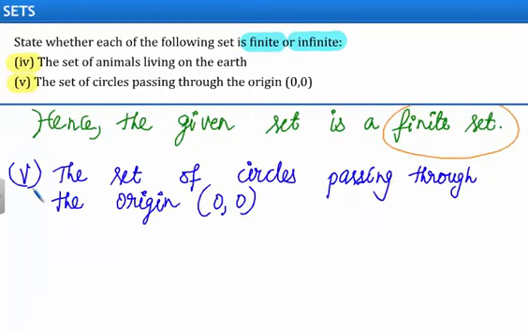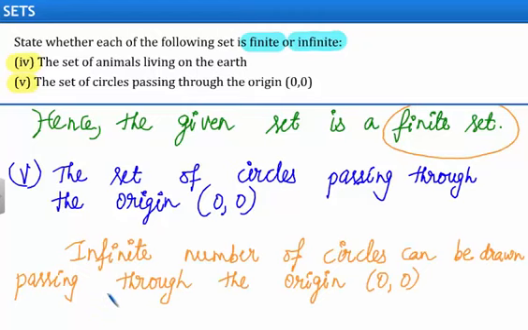In the next part of the problem, we are given the set of circles passing through the origin, that is (0, 0). We need to tell whether this set is finite or infinite. We know that infinite number of circles can be drawn passing through the origin (0, 0).